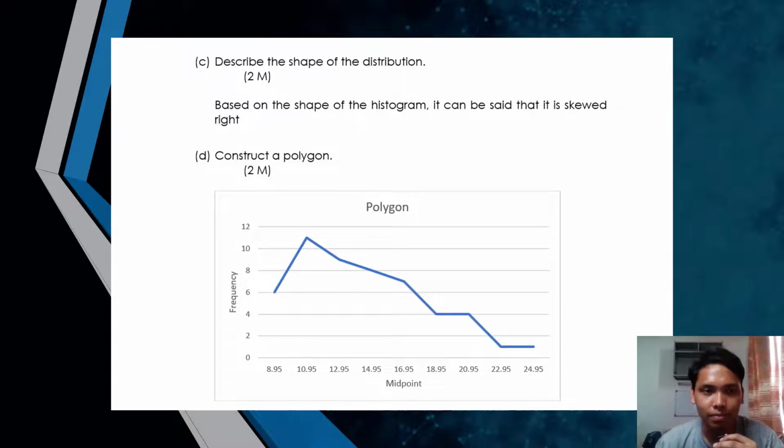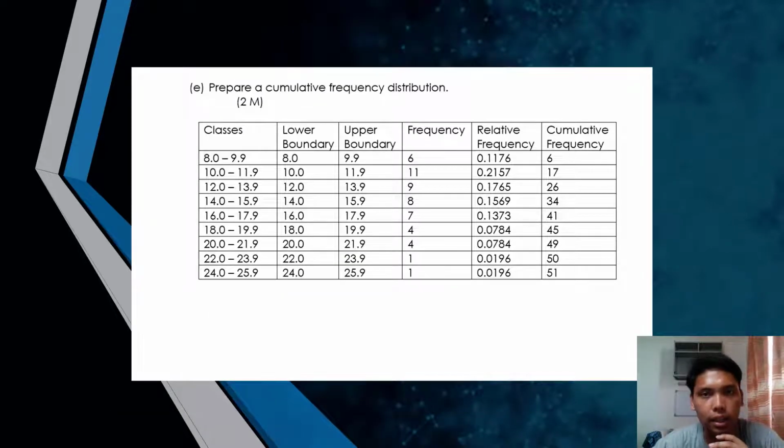Okay, next let's go for the question E, prepare a cumulative frequency distribution. Okay, for this question, we have to construct a table exactly like the table in question A, but the difference is here.